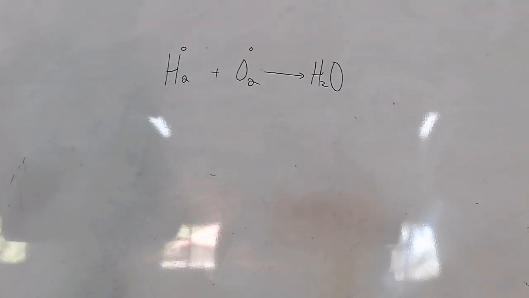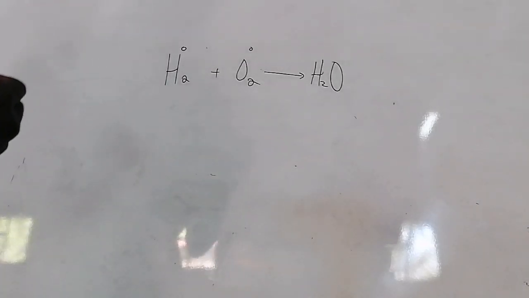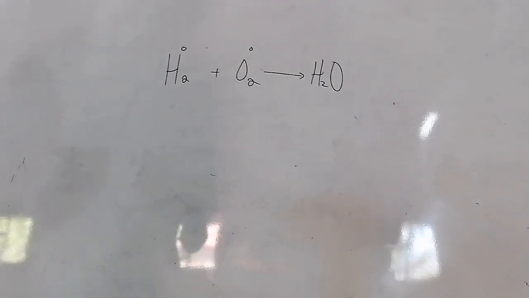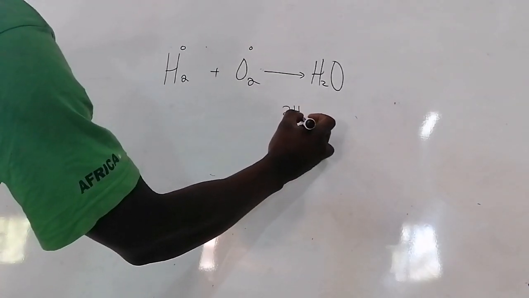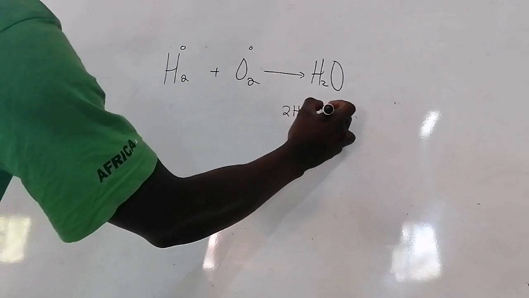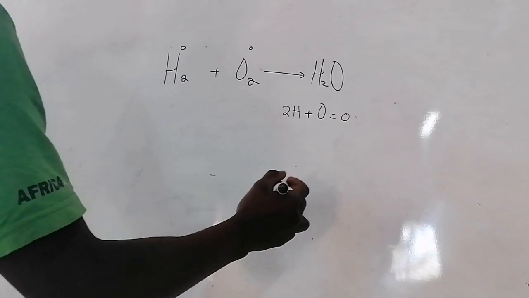And we know that whenever an oxygen atom is bonded with another element, its oxidation number will be -2, and the oxidation number of hydrogen will always be +1. I hope you understand that. So here we have 2H plus how many oxygen atoms do we have? We have 1, equal to 0, the net charge.